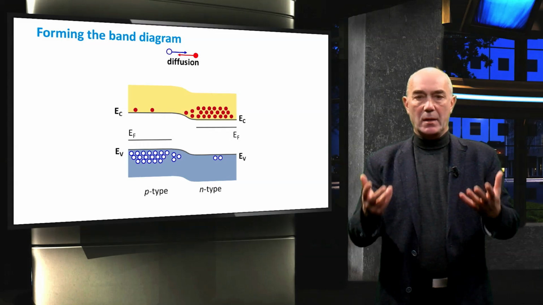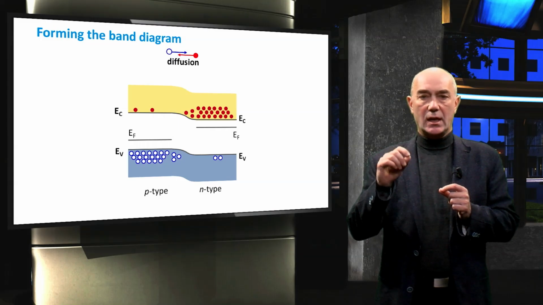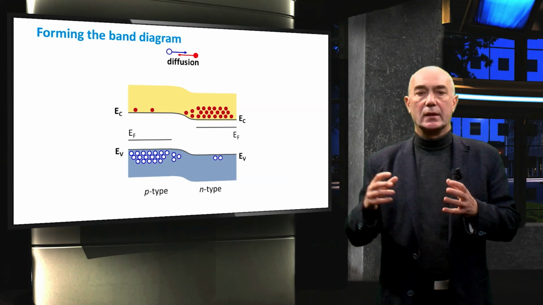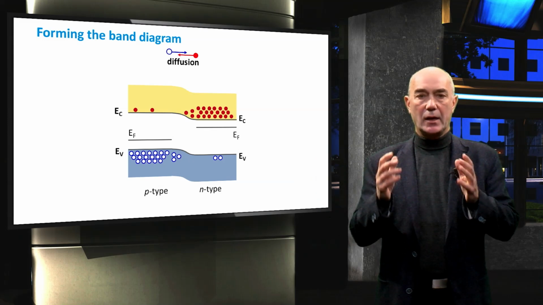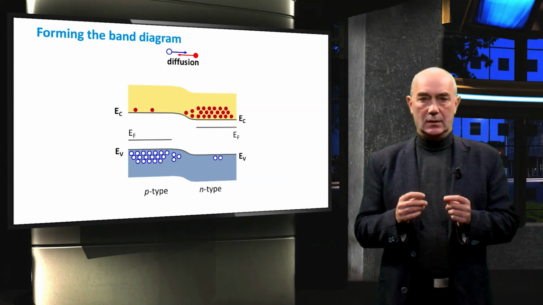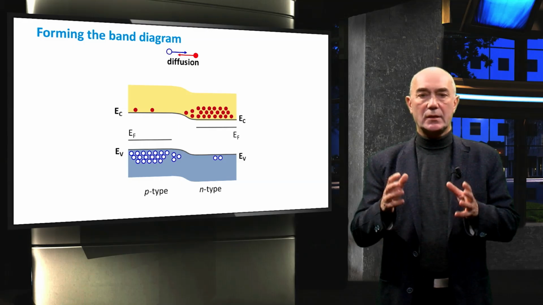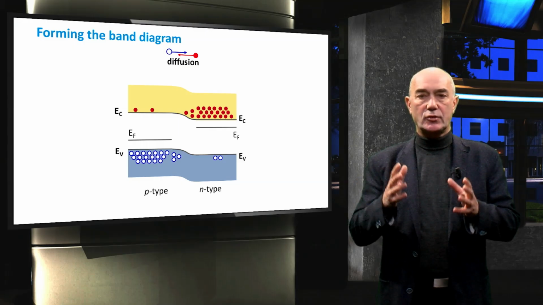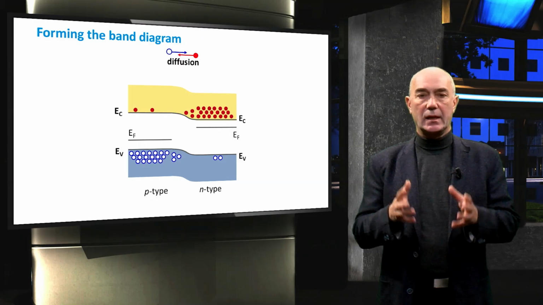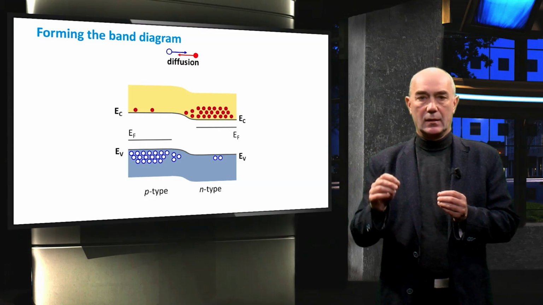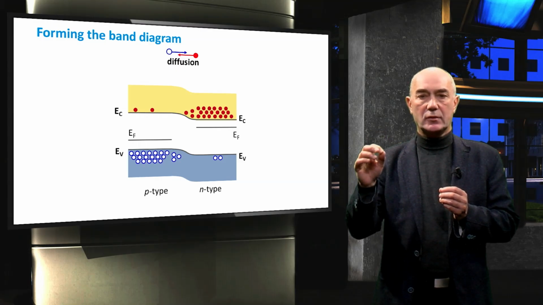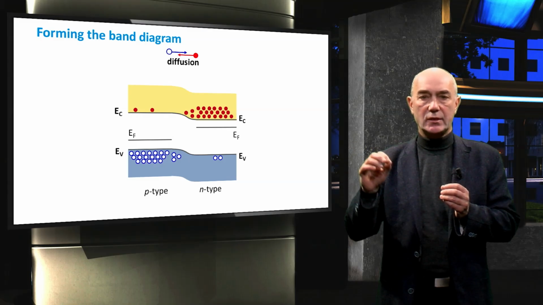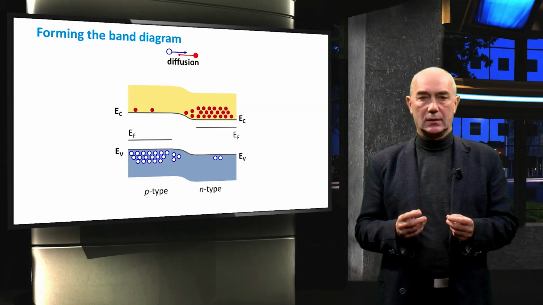You can also remember that as the mobile charges start to diffuse, they leave behind the fixed ionized dopant atoms. The depletion region starts to be formed, and the net charge of the ionized dopant atoms builds up there. This build-up of electrostatic charge induces an internal electric field.